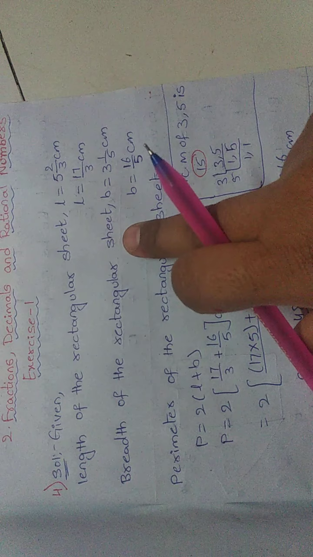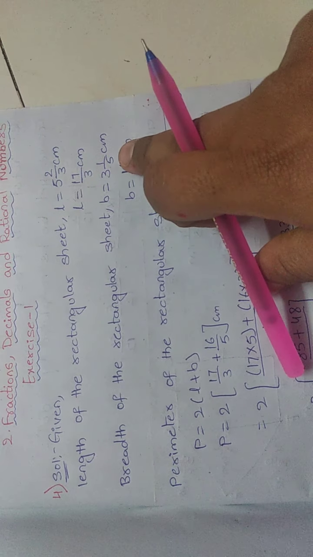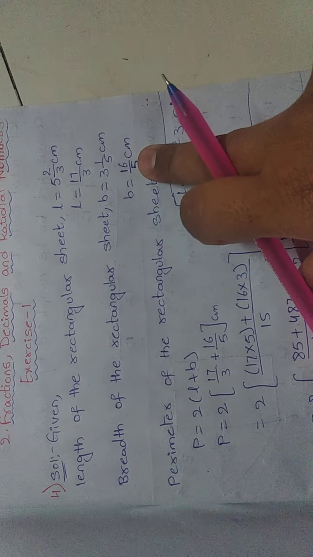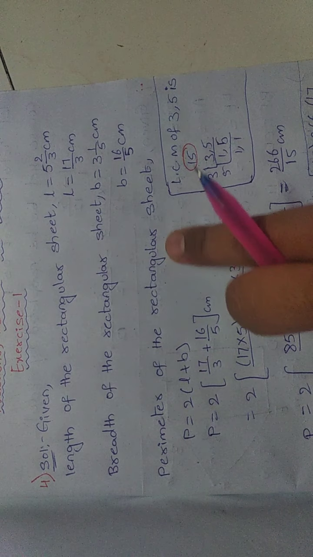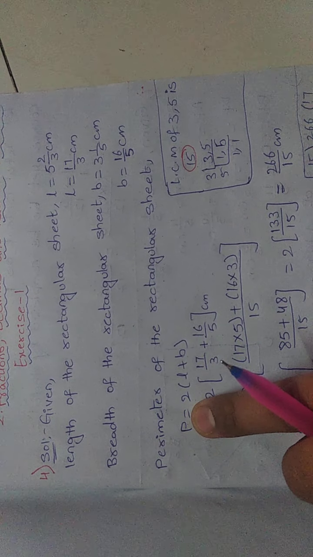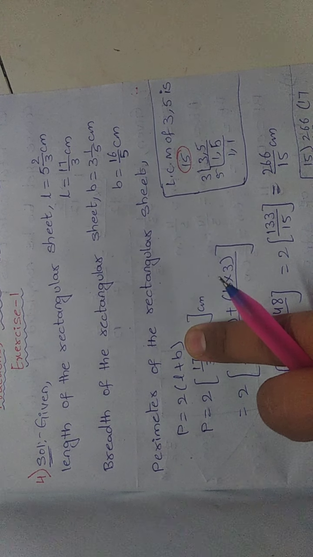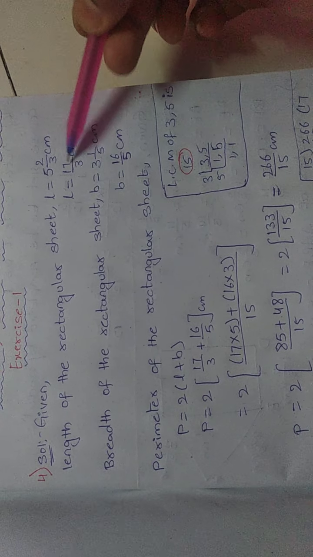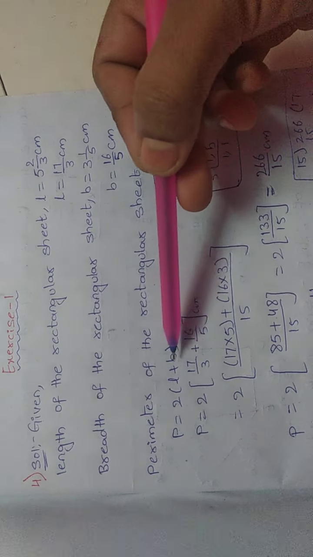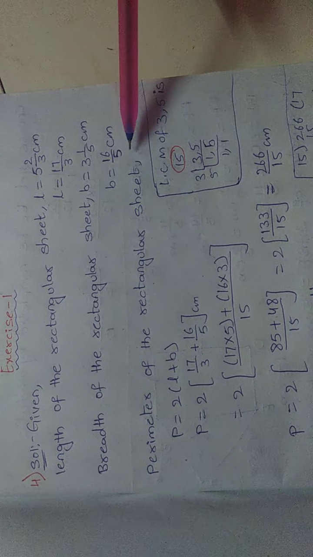Next, breadth of the rectangular sheet B is equal to 3 1/5 centimeters, and that is equal to 16/5 centimeters. Now, perimeter of the rectangular sheet P is equal to 2 into (L plus B) by the formula. What is the L value here? 17 by 3, plus the B value, 16 by 5.